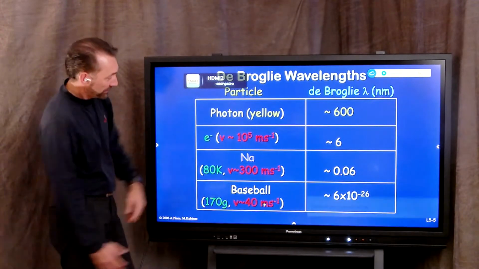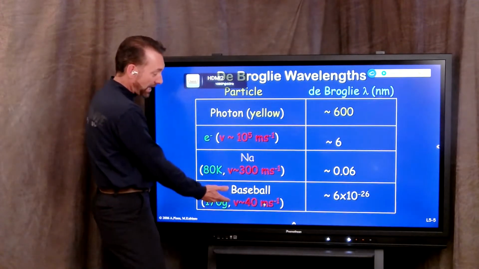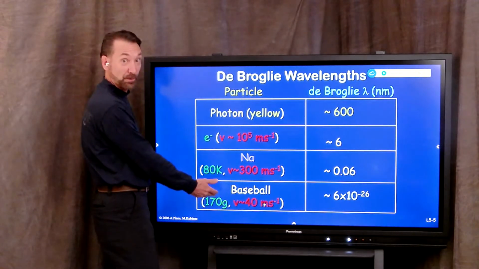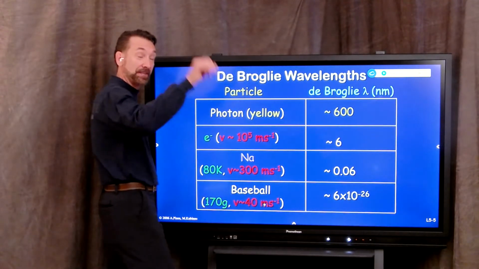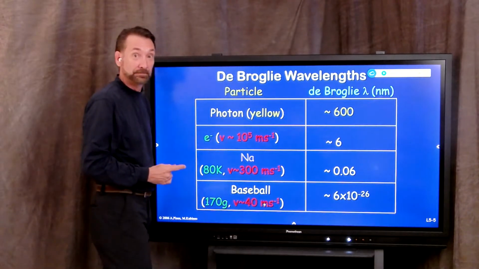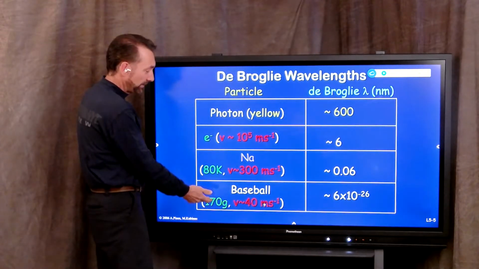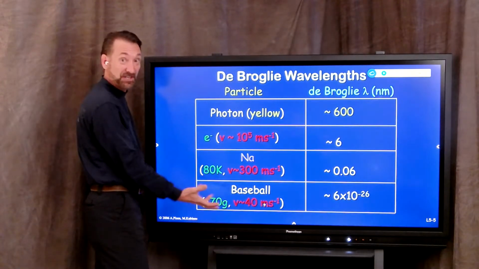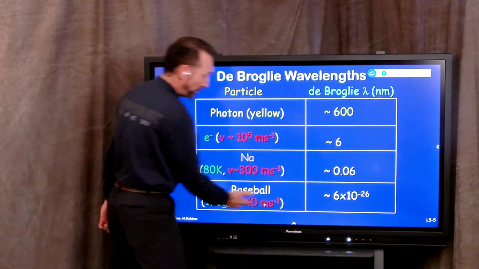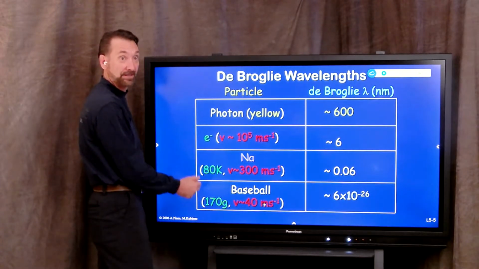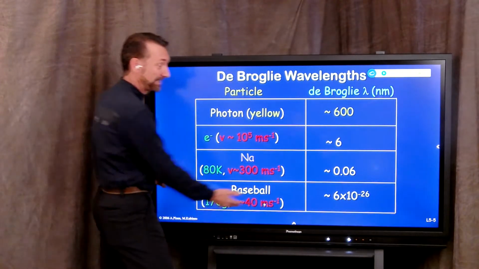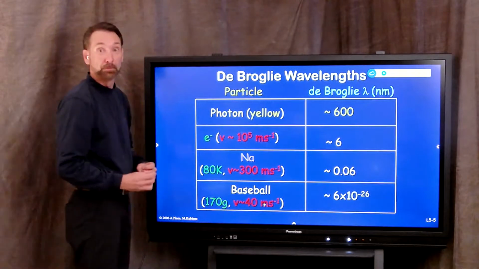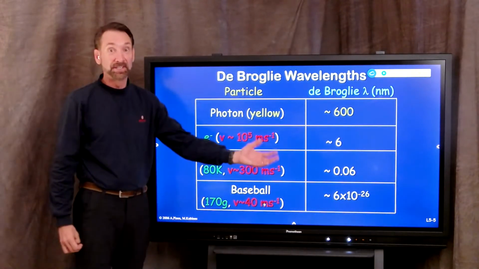So the answer is yes, we can apply the principle of the de Broglie wavelength. We can say the wavelength is Planck's constant over the momentum, but for things that have big momentum, that wavelength essentially goes to zero. So macroscopic things, you could say they have a wavelength, but it doesn't matter. It's just too small for an experiment to detect.